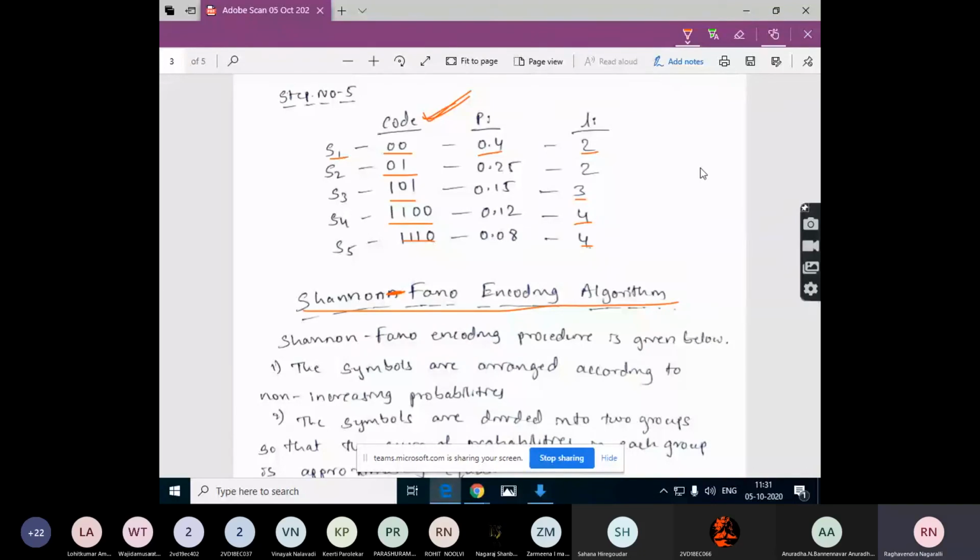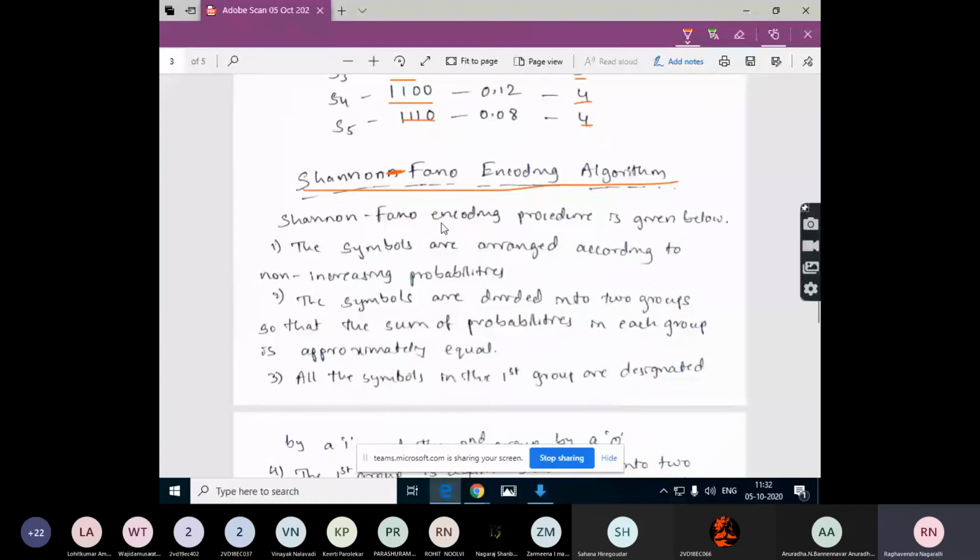In the previous class, we saw an example of how to calculate efficiency and redundancy. In the binary encoding procedure, we get an efficiency of around 70 or 80%. So they came up with one more algorithm which gives higher efficiency compared to the binary encoding algorithm. Let's see the steps in this algorithm.